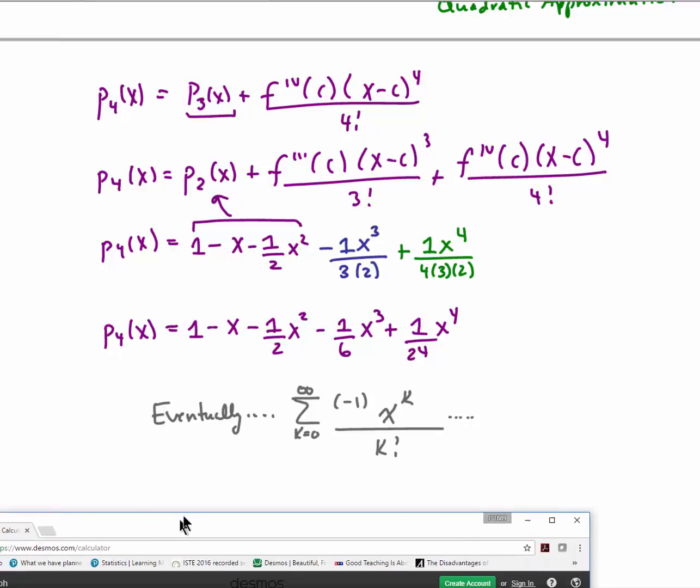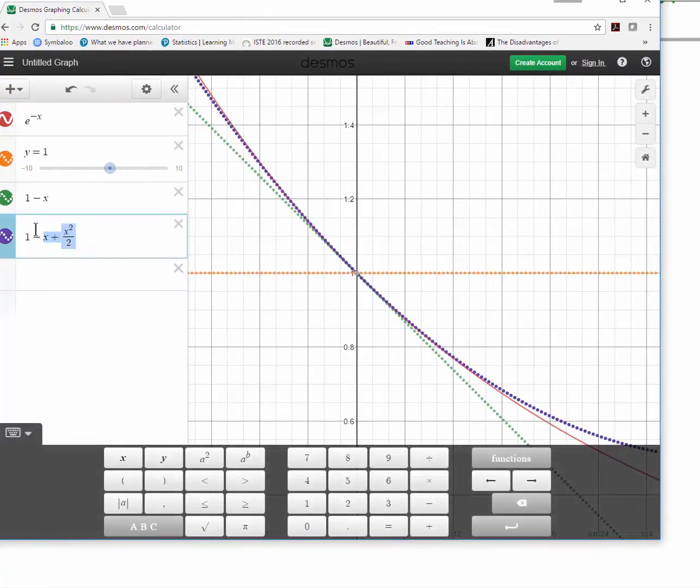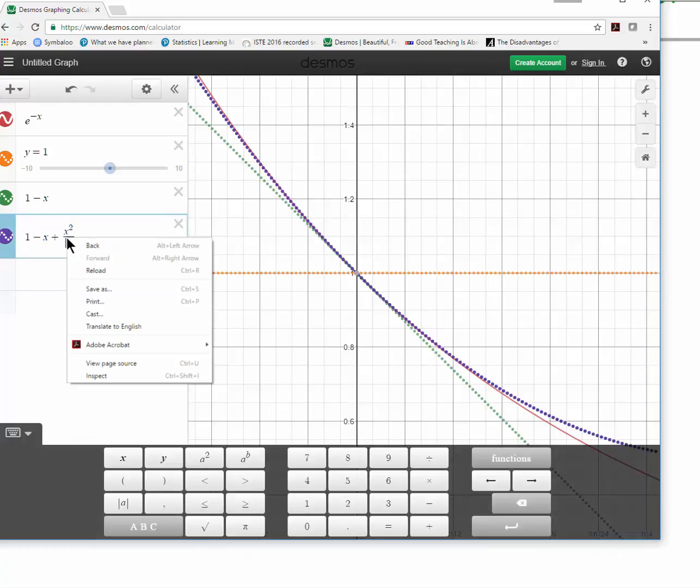Now getting back to the graph that we were looking at, I don't have this one entered. Let's see if I can copy and paste this. Guess not.